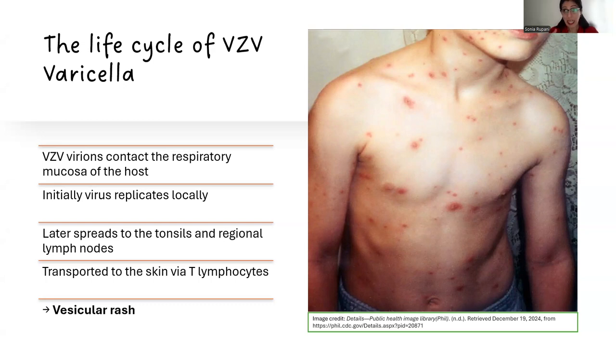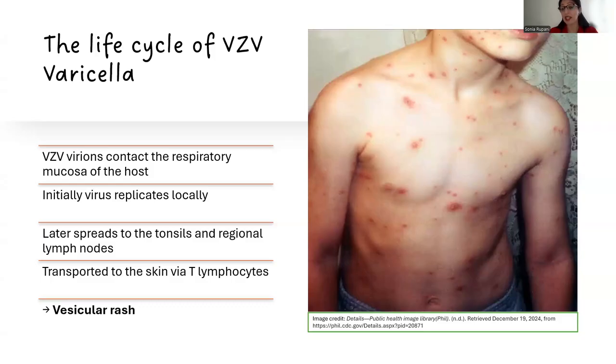Once it starts doing that, this is when patients complain of sore throat, pharyngitis. That replication begins there, and then it starts spreading out to the local lymph nodes, then the regional lymph nodes, and finally the T lymphocytes will carry this to the skin. And that's when we see the rash in those individuals.